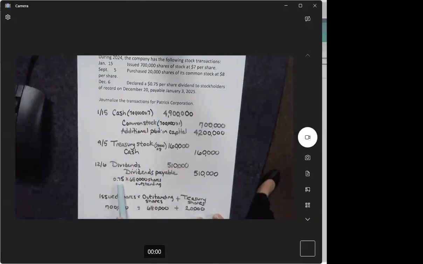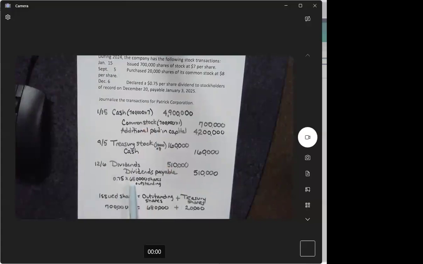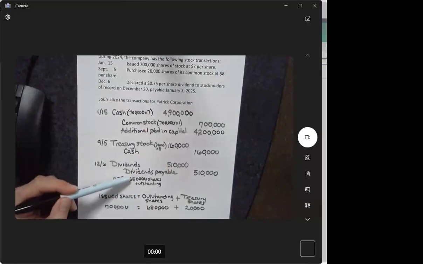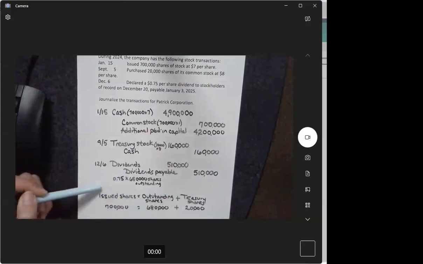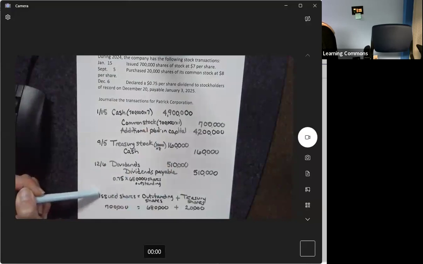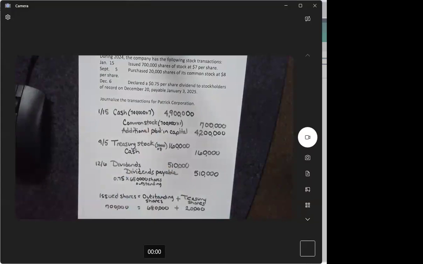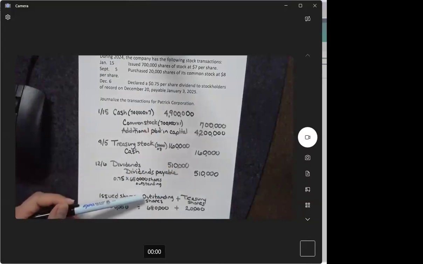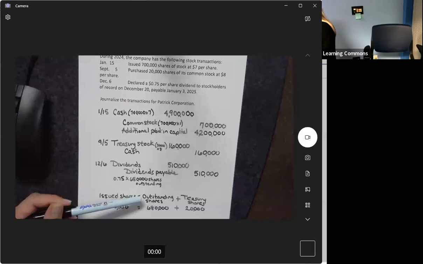Well, we're going to pay 75 cents a share here on 680,000 shares of stock because remember, issued shares represent any shares that have been sold. Once you've sold a share of stock, it will always be considered an issued share. But a share is only outstanding if it's still held by investors.